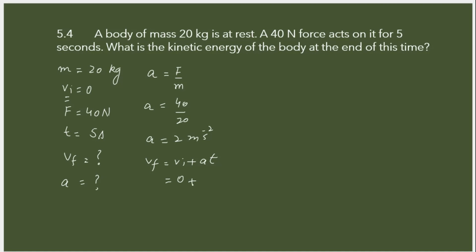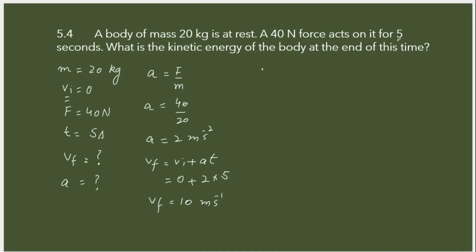The acceleration we have calculated is 2, and the time was 5 seconds. So 2 multiplied by 5 will give us 10. So the velocity of the body after 5 seconds will be 10 meter per second.